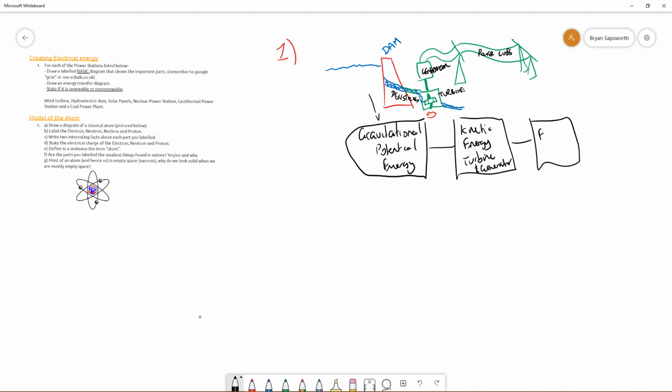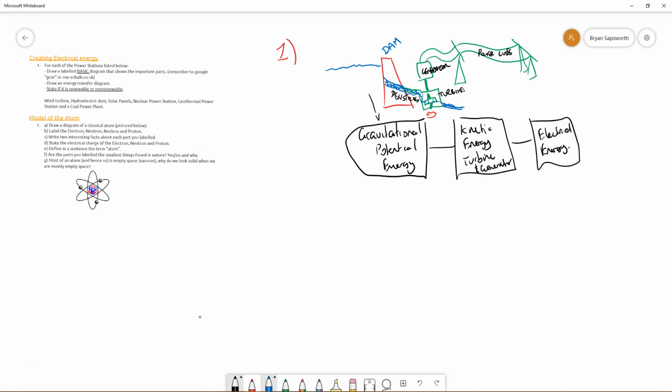And then that goes into electrical energy. What's interesting is the actual water flows through here and then through here. It doesn't really change. It's more the pressure that makes the thing go around, not the kinetic energy. So that's why I haven't said kinetic energy of the water at any time.